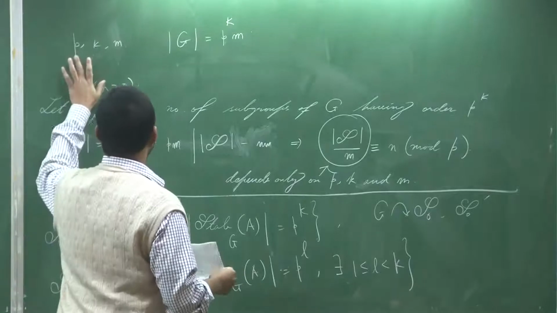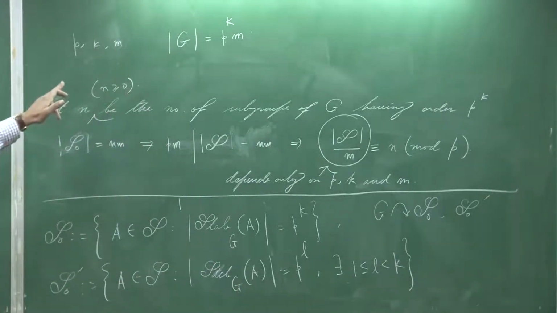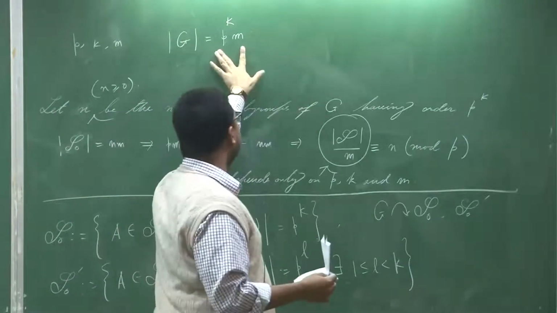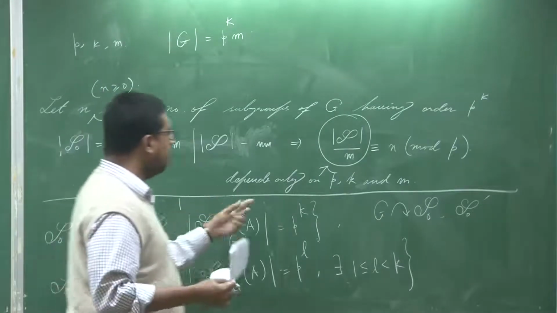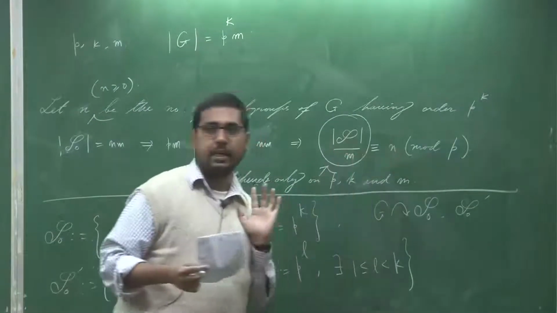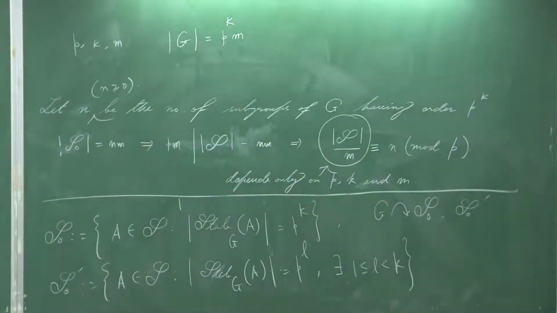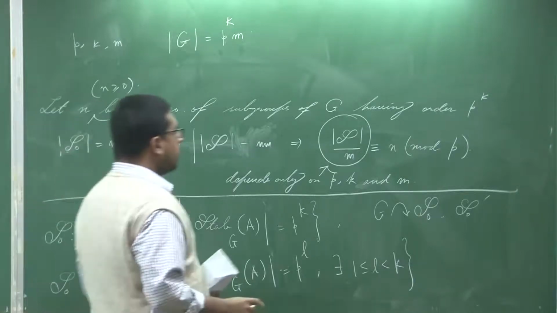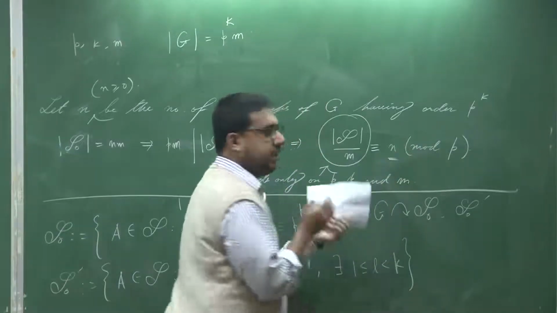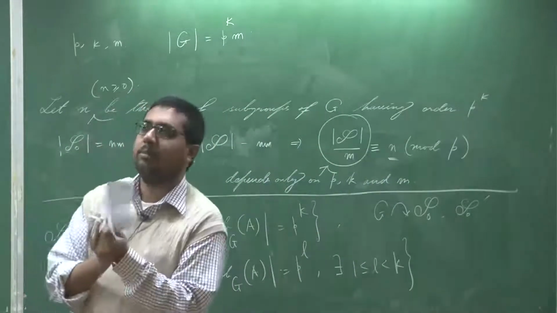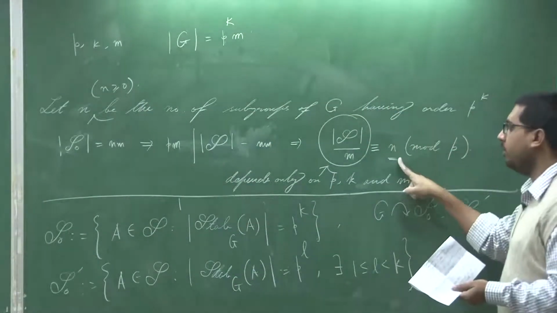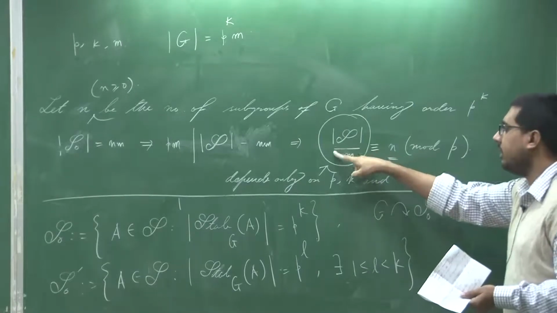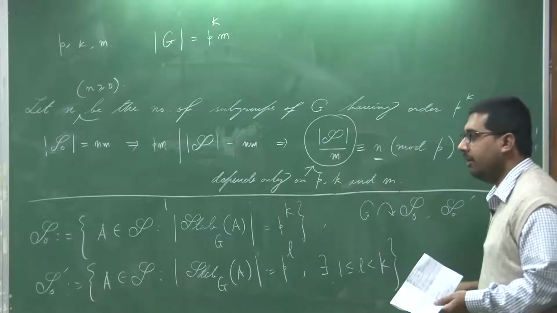Given a prime P and two natural numbers K and M, if G is a group of order this, the number of subgroups of G having order p to the power k is congruent to this quantity modulo p, and this is a fixed quantity that does not depend upon the group G. So, for any group G, its number of subgroups of order p to the power k is congruent to this quantity, which depends upon p, k, m only.